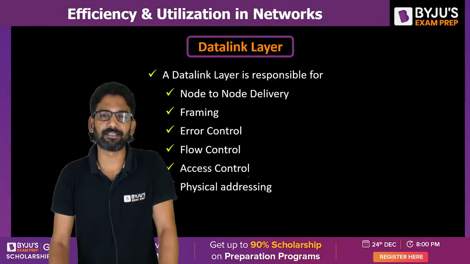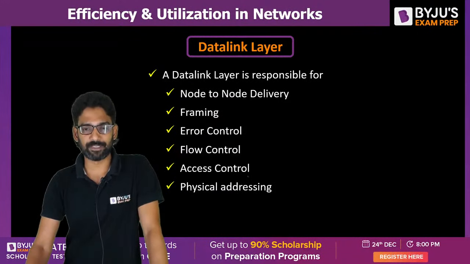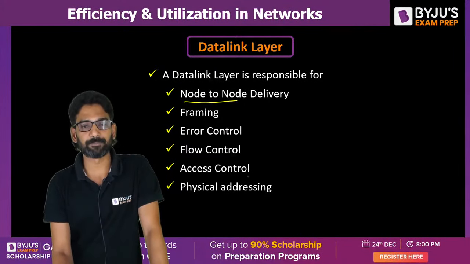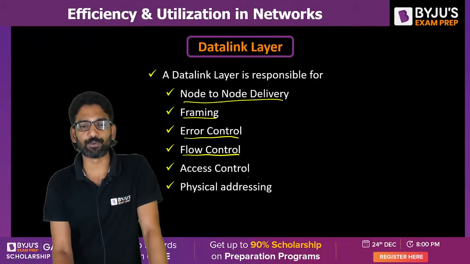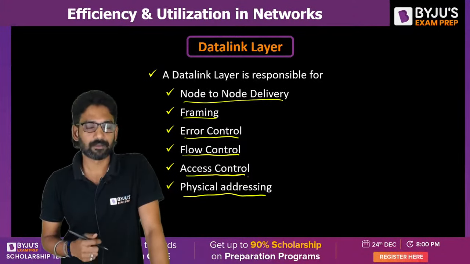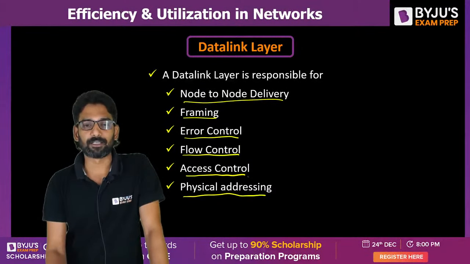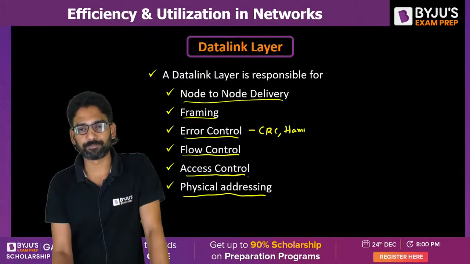The data link layer is responsible for node to node delivery, framing, error control, flow control, access control, and physical addressing. In the last class, yesterday's class, we discussed the error control related topics, that is CRC and Hamming code.